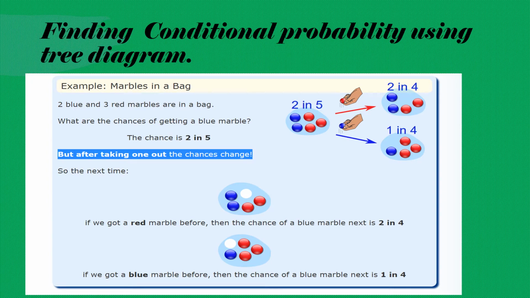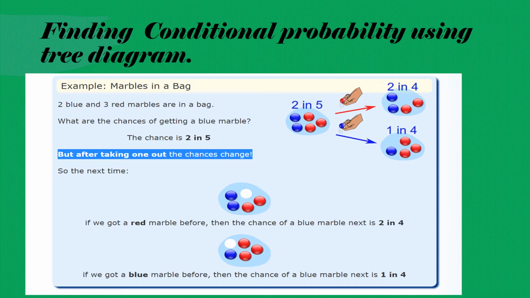We can also find the conditional probability using the tree diagram. Let's see this example consisting of 5 balls, 3 red and 2 blue. Out of these 5 balls, if we are picking 1 red ball, then the remaining will be just 4, 2 red and 2 blue.